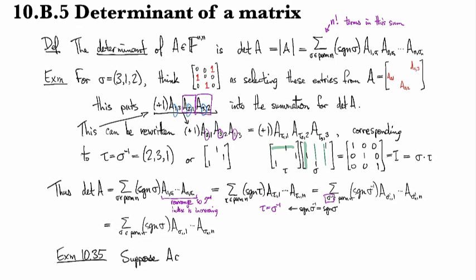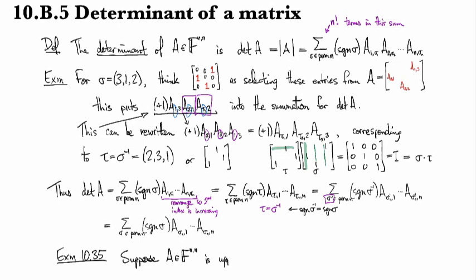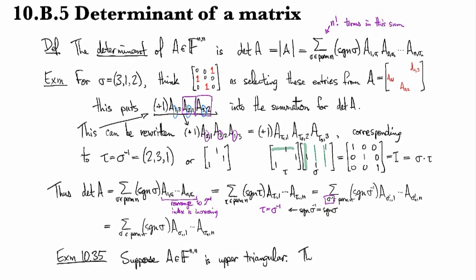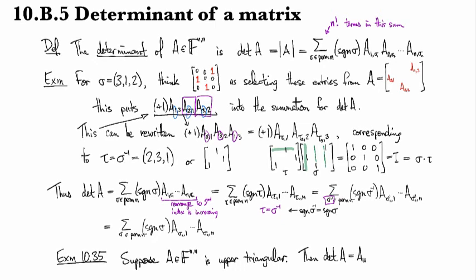So suppose we look at the case when we have a matrix which is upper triangular. Then the determinant of A is going to be the product of diagonal entries.